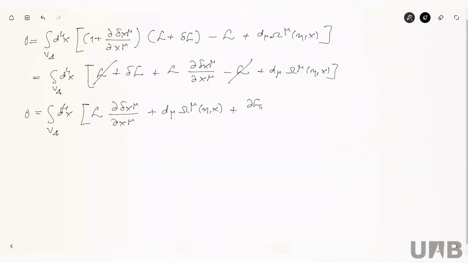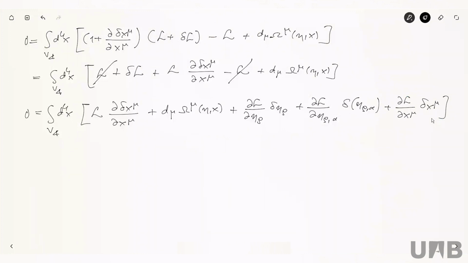So this is going to be dL d eta rho delta eta rho plus dL d eta rho comma alpha delta of eta rho comma alpha, well, we just computed in the previous slide, and dL with respect to x mu delta x mu. Okay, so this is what we find. And so this whole thing has to be 0 for T to be a symmetry transformation.